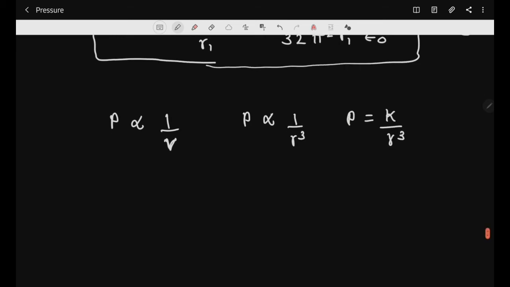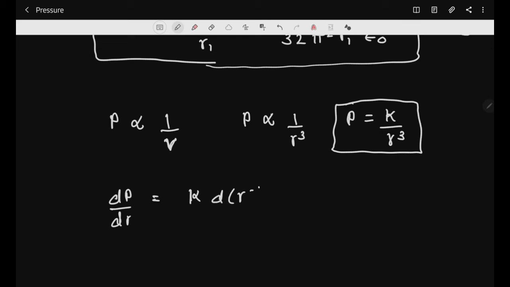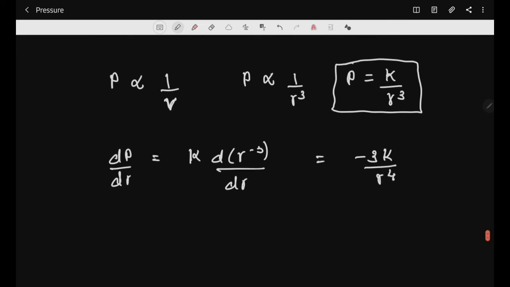Now if we differentiate this equation, P is equal to k divided by r cube, with respect to r, dP by dr, we get k, which is a constant, times d of r raised to minus 3 divided by dr. If we differentiate this, we get minus 3k divided by r raised to 4. So we get an equation for the change in pressure with respect to radius.